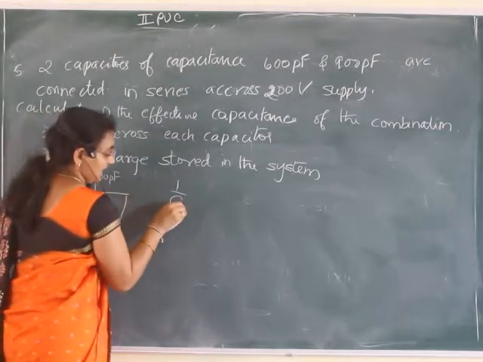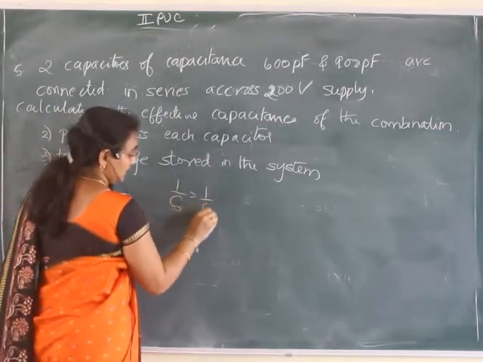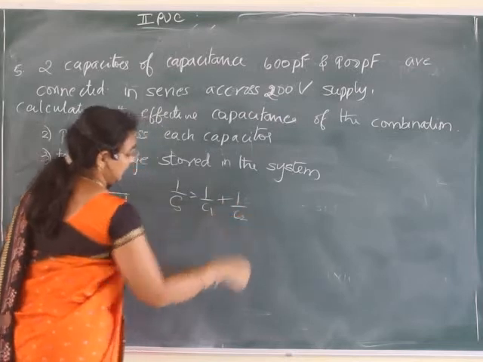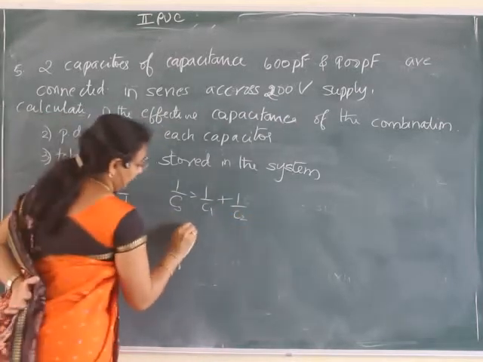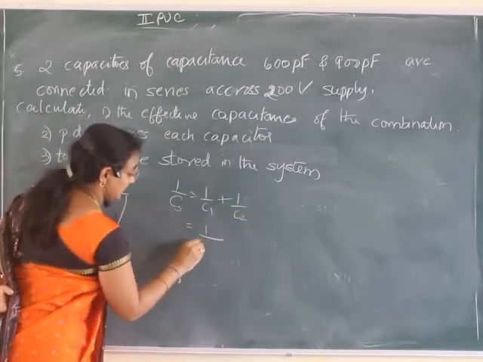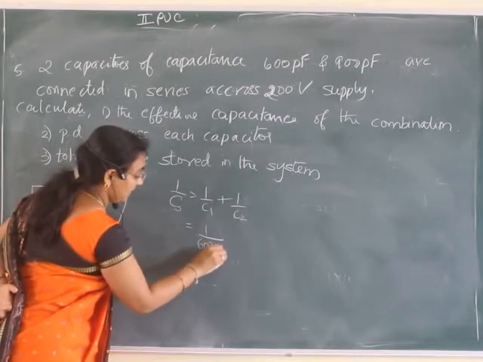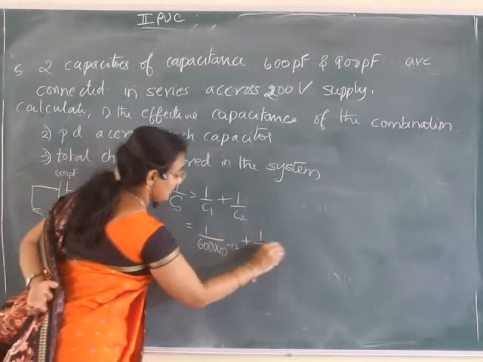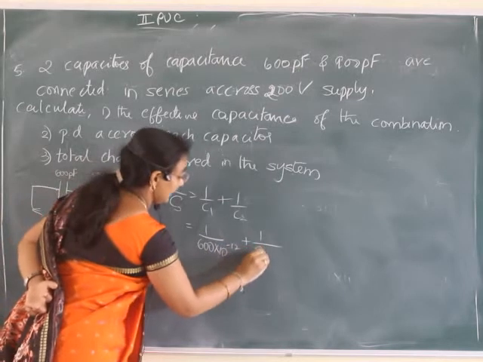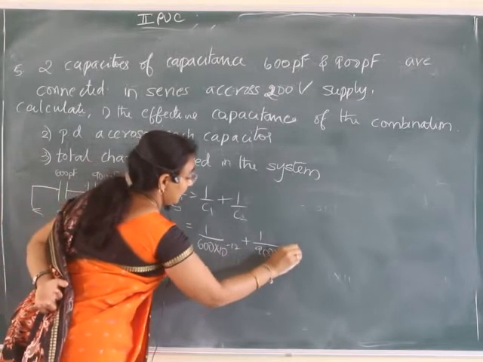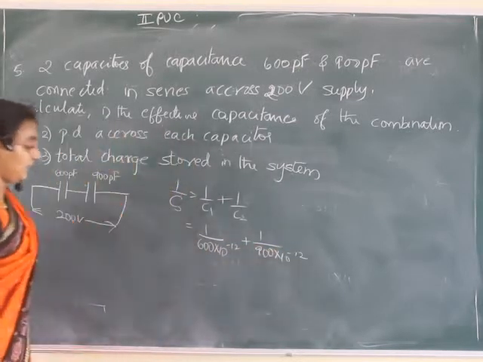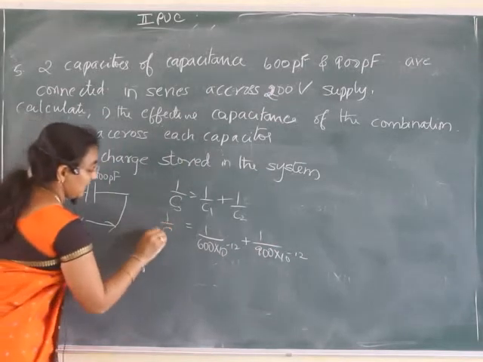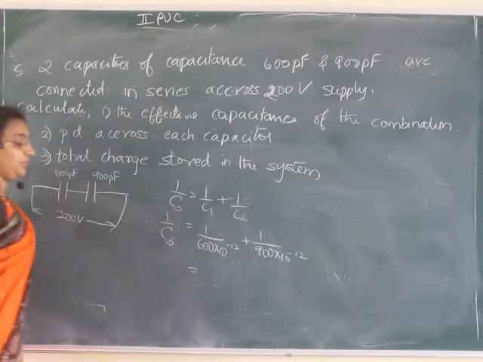1 by Cs is equal to 1 by C1 plus 1 by C2, correct? So I can write 1 by 600 into 10 to the power minus 12 plus 1 by 900 into 10 to the power minus 12 is equal to 1 by Cs.